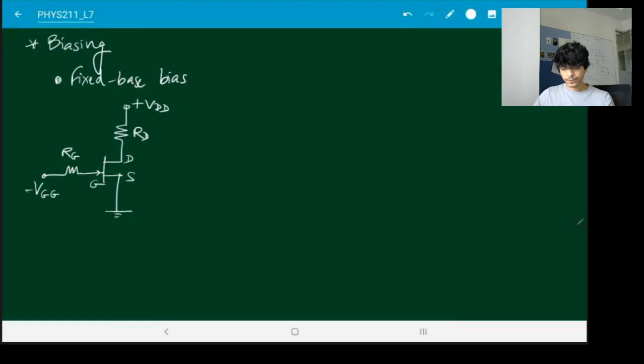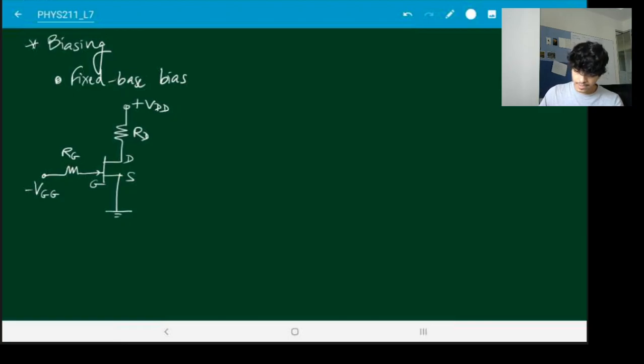So this is the circuit for the fixed base bias. Basically, I'm applying a fixed voltage at the gate. Why is that voltage negative? Because gate source junction must always be reverse biased. So source is at 0 because source is grounded, and gate source voltage has to be negative. Therefore, I put minus VGG over there.